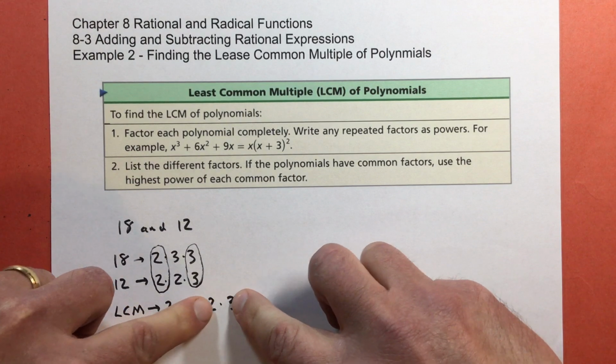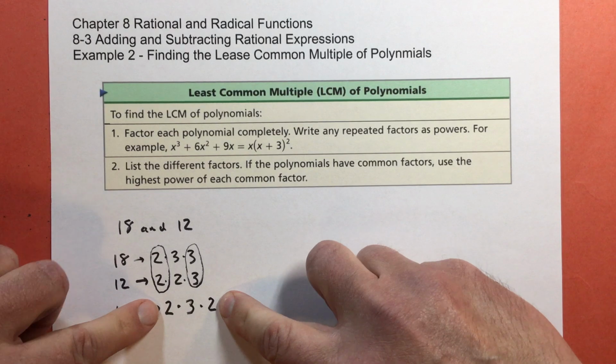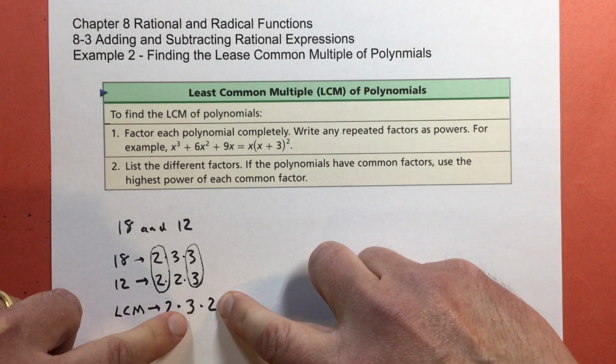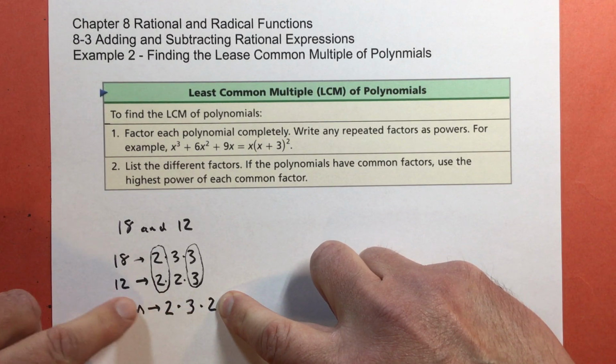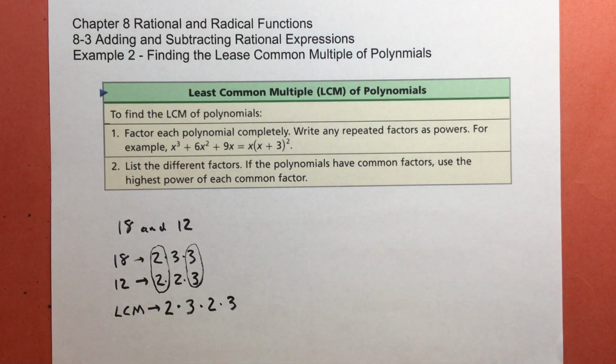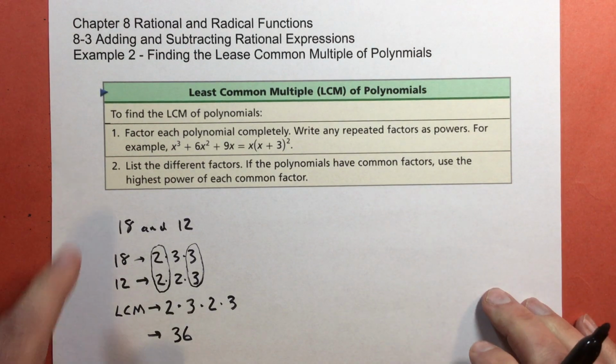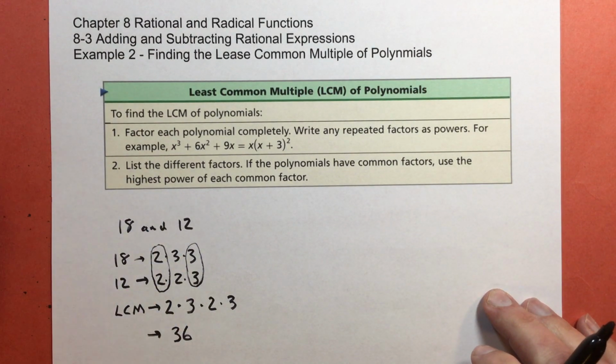There's the 2, there's the 3, and there's another 3. Same thing with the 12. 12 is right here. 2 times 2 times 3, whatever the order is. And if I take that 12 and multiply it by 3, I get a multiple. So what is my multiple? It's going to be 6 times 6, which is 36. 36 is 18 times 2 and 12 times 3.